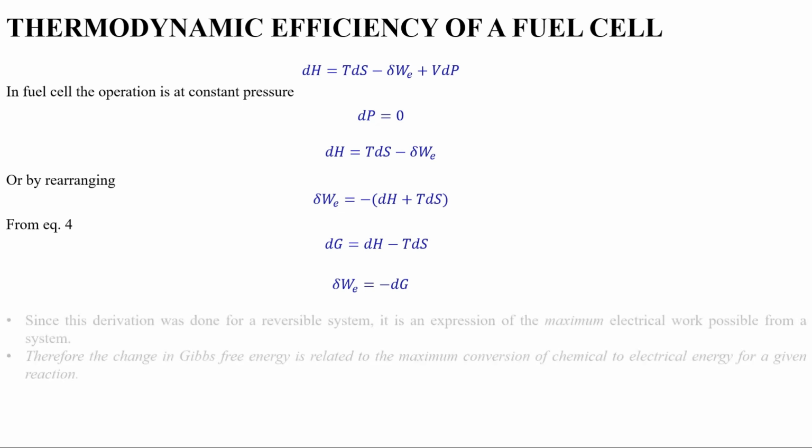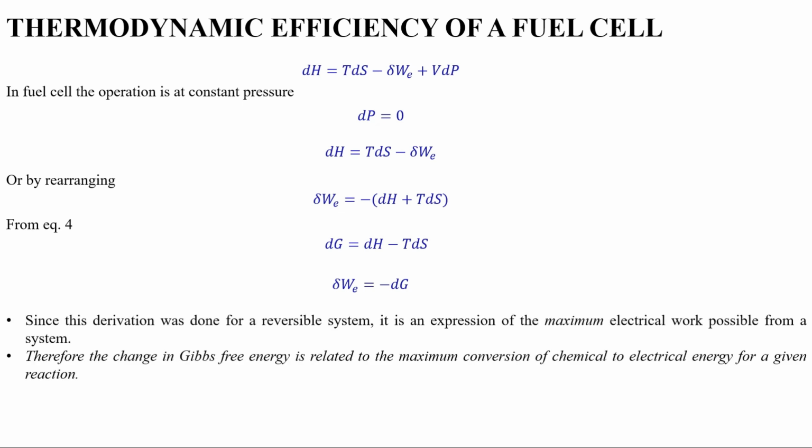Now what does it mean? This means that maximum electrical work is responsible for change in Gibbs free energy, and electrical work will be taken as long as the Gibbs free energy is available, or change in Gibbs free energy is possible. Since this derivation was done for a reversible system, it is an expression of the maximum electrical work possible from a system.